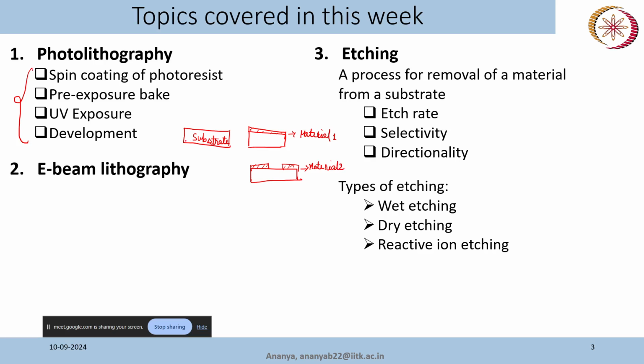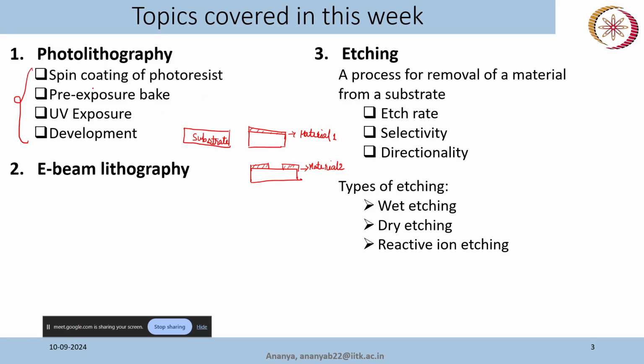So you can have a bare substrate, or a substrate with a deposition, or a substrate with a deposition followed by a lithography step. These three kinds of substrates and substrate plus material combinations you can use for photolithography.